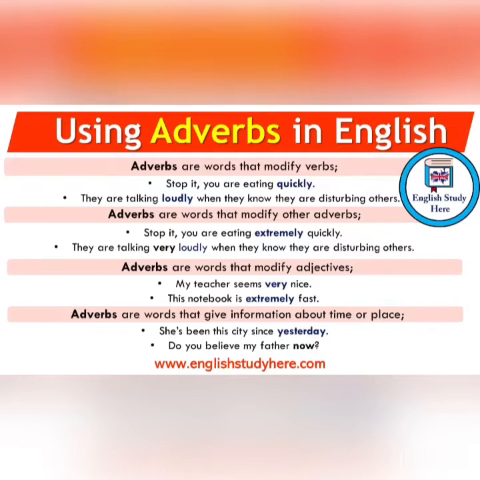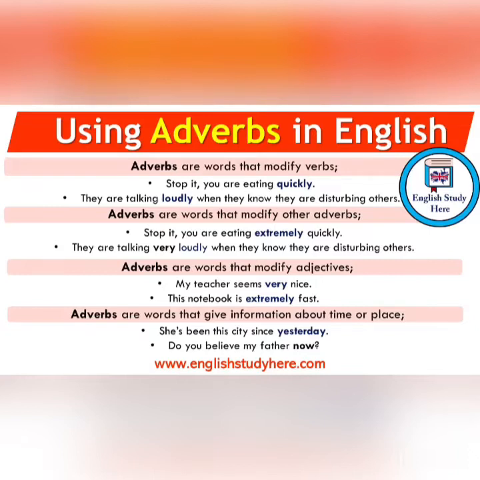Now, the second case is when adverbs are used to modify other adverbs. How is it done? See the example. Stop it. You are eating extremely quickly. Now here, what does it say? How is the person eating? Extremely quickly. Extremely means very quickly.